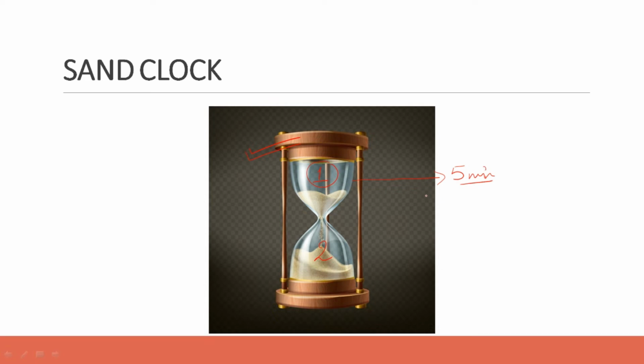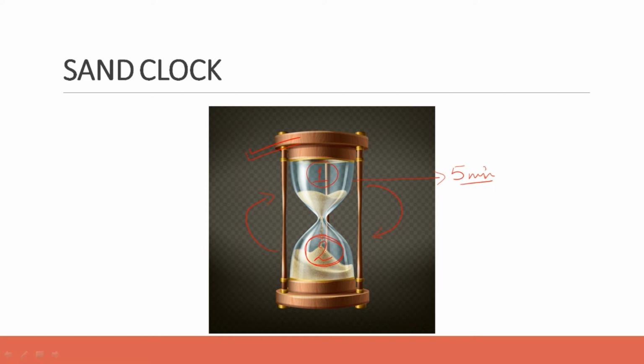It can take a shorter time also. So let us say that it becomes empty after 5 minutes. Then after 5 minutes, this side will be empty and this side will be filled completely, right? So then we will change the position of this sand clock, right? We will invert this sand clock.